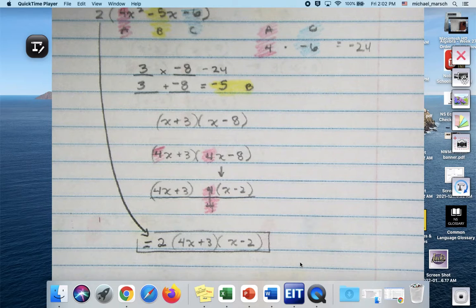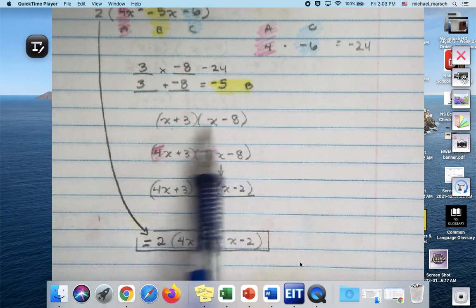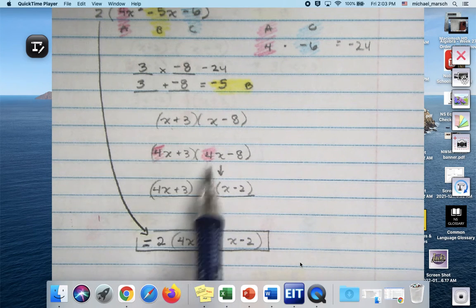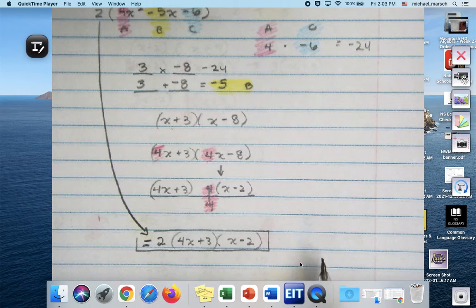Yes, Addie. For the step when you put the 4 back in, why don't you put it into the 3 and the negative 8? Why would you only put the 4 into the x?